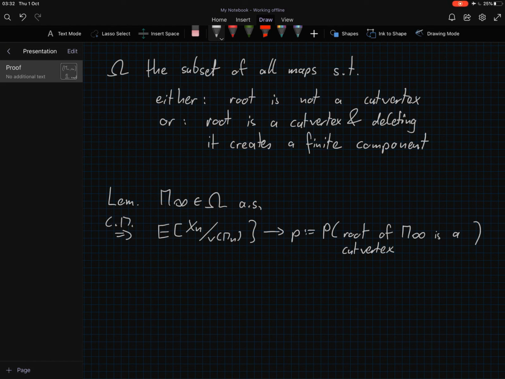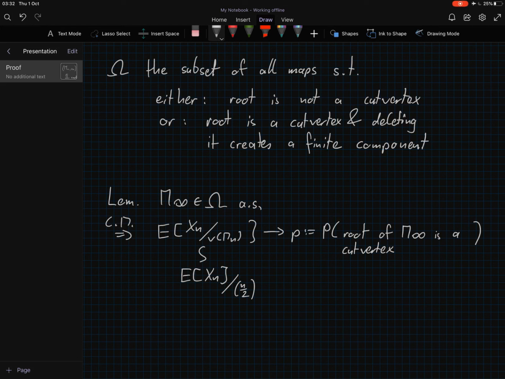Now the number of vertices of Mn concentrates around n half. This is something you can show by some basic symmetry arguments. So this is actually asymptotic to the first moment of Xn divided by n half.